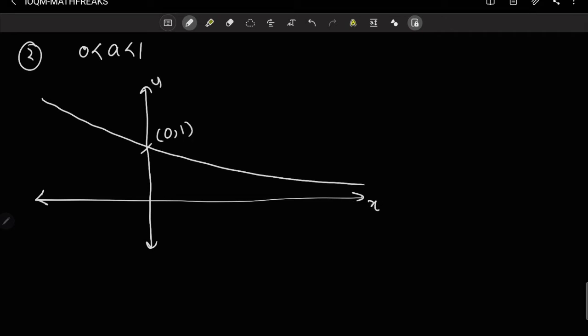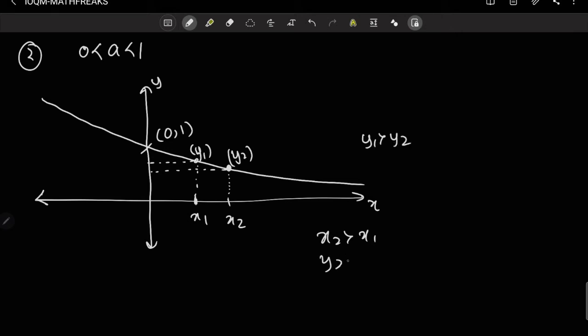If this is the x-axis and this is the y-axis, take again x1 and x2. x2 is greater than x1, but if you look at the corresponding points on the y-axis, you will find that y1 is greater than y2. So as you can see, with an increase in x, our y is decreasing. So this is known as a decreasing graph.